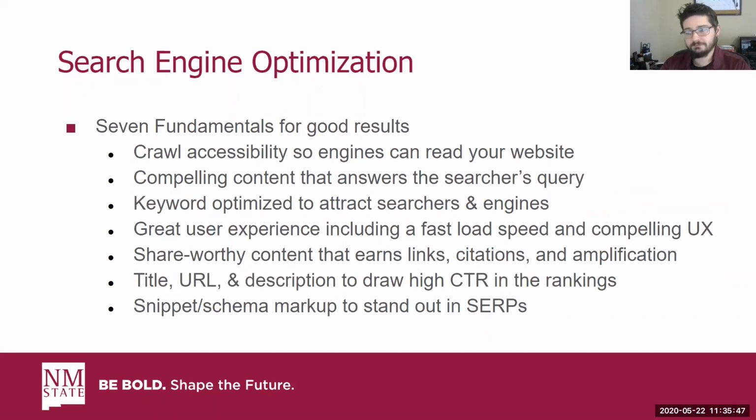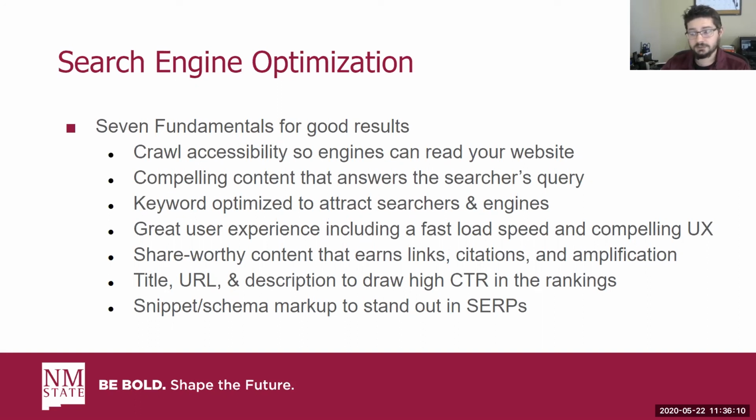So the 7 fundamentals of good results are crawl accessibility, so engines can read your website. And like I said, the sitemap that you developed when you first planned out your website will help. The XML and HTTP part, the technical part, is what Google scans. Compelling content that answers searchers' questions.